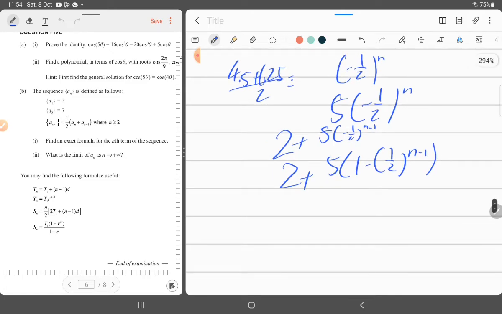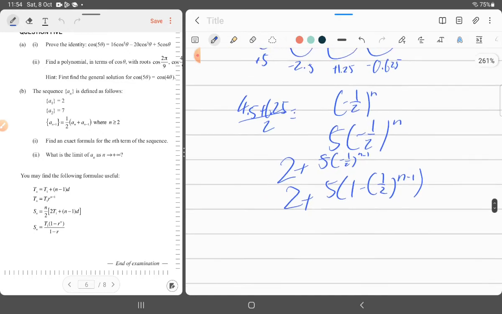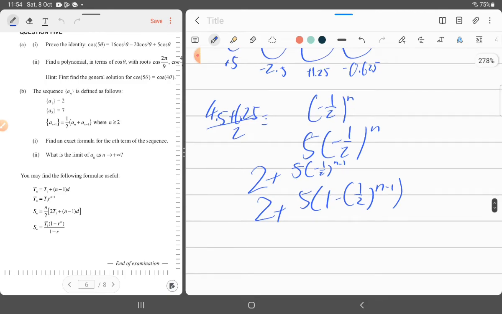Then 2 plus then 5, then 2.5 with... wait, well then that one take away half to the power of 3, 7 over 8.